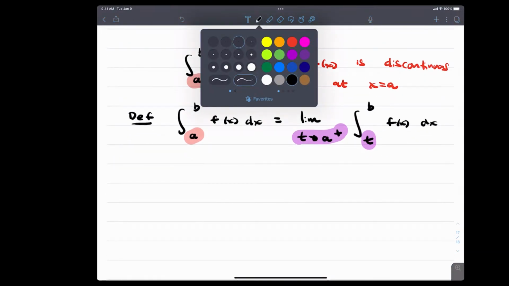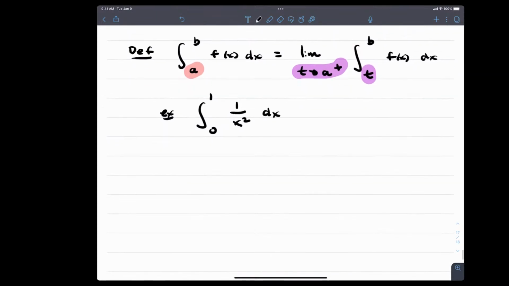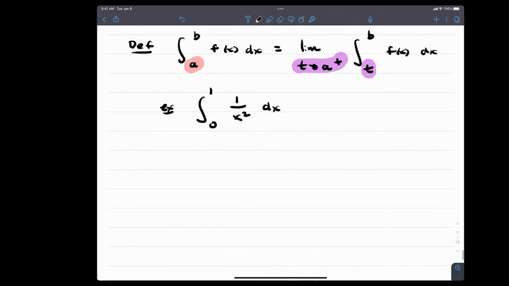So, for example, the integral from 0 to 1 of 1 over x squared dx. So here's my situation here. I'm going to draw you guys another picture. This is the curve.